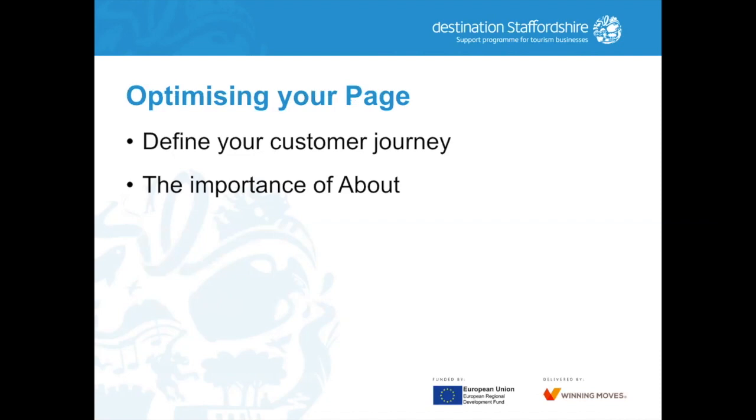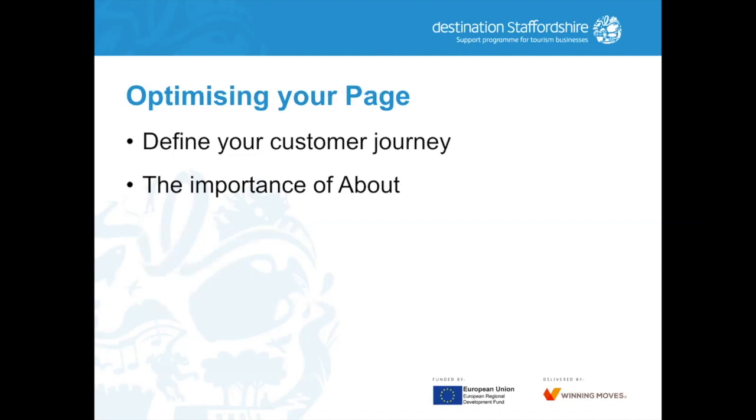So when Google, as a result of any search, is crawling over the internet to find suitable results to give to their users, then the About section of your Facebook page is the meta title of that Facebook page. So if you are called Rose Cottage B&B, you don't want your About section to say we are Rose Cottage B&B, because that doesn't provide any answers to a search term within Google.